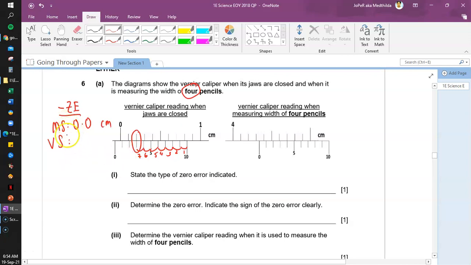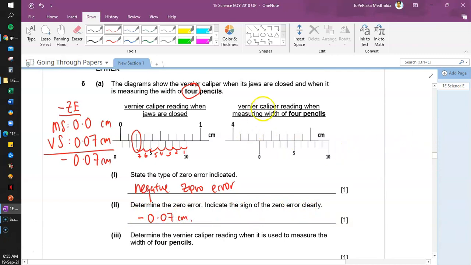So my vernier scale reading is 0.07 cm. Therefore my negative zero error is negative 0.07 cm. This is my zero error. State the type of zero error indicated: this is a negative zero error. Determine the zero error, indicating the sign clearly: this is negative 0.07 cm.